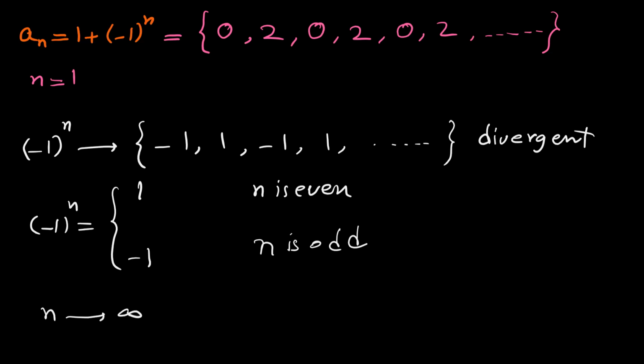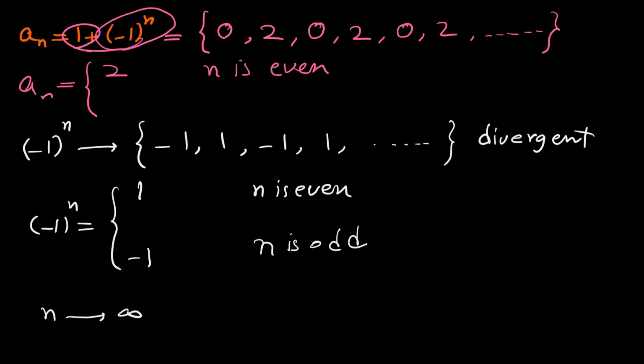As you can see, this sequence is also divergent, because at infinity we don't know which value we are going to get at the end. So this sequence is also divergent. And if you want to write this similar to here, when n is even, this equals 1. 1 plus 1 is 2.